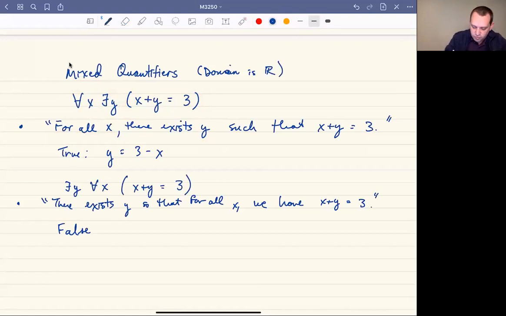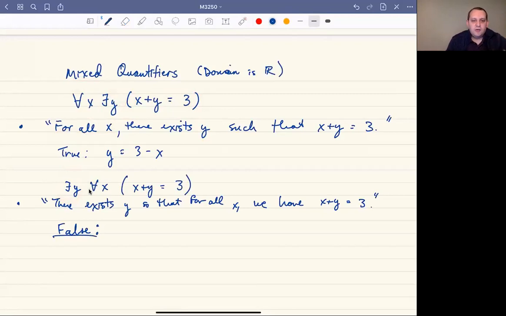And to prove that this is false, you have to justify it somehow. And so here, I think the easiest way to justify it is a proof by contradiction. I'm not going to write out the details, but suppose there was such a value.